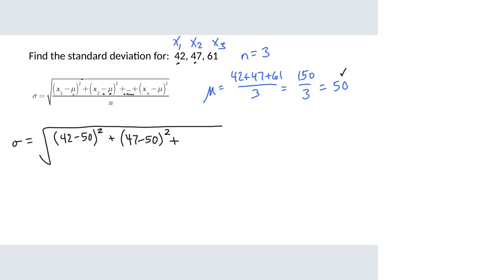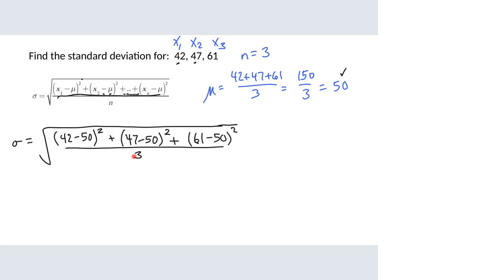And I keep doing this till I get to the very last data point. Well, I'll only have one more, so I'm already at the last data point. And that'll be 61 minus the mean, squared. And then the whole thing is divided by the number of data points there are, which is 3. I've plugged everything in. Now I just need to simplify it.